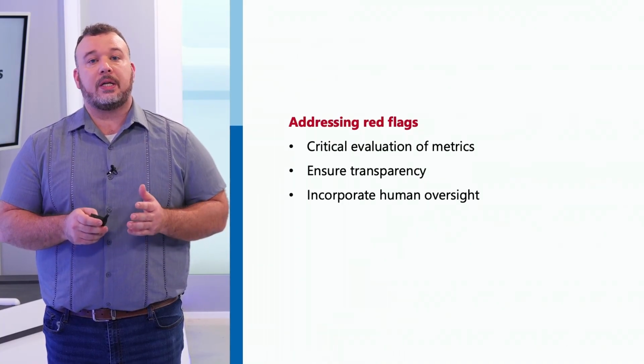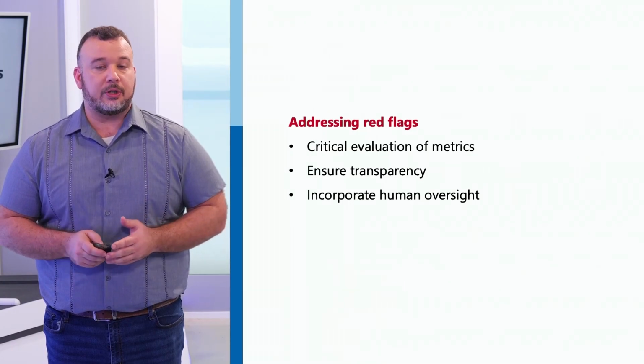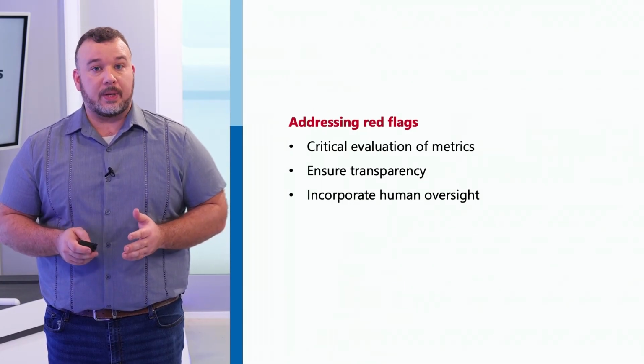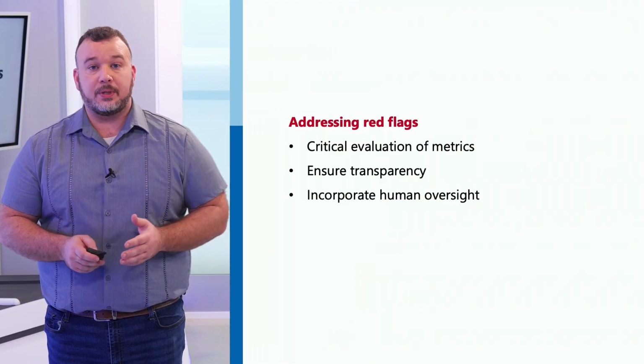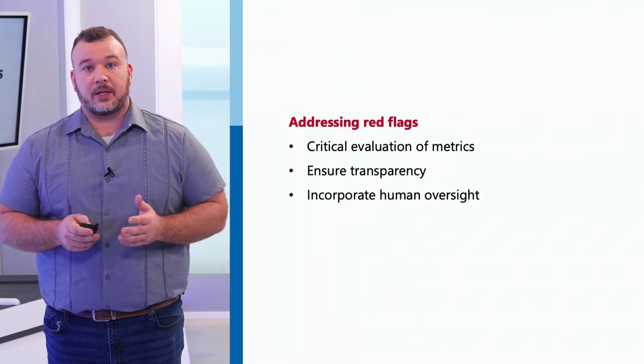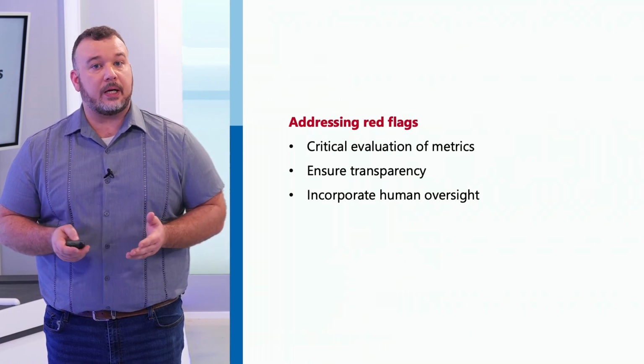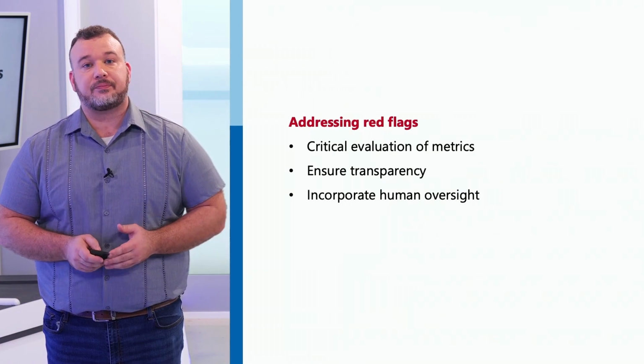Additionally, incorporating human oversight is essential to balance AI capabilities with human judgment, using AI to augment rather than replace human decision-making. Engaging human reviewers to provide context and correct errors ensures a more comprehensive and therefore accountable system.